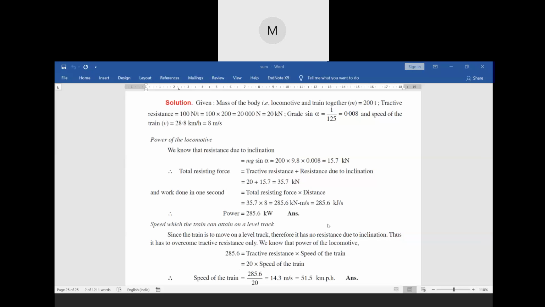Someone asked me regarding this kilonewton and Newton thing and this units thing. Hello? Can you please ask me the question? Are you all there?